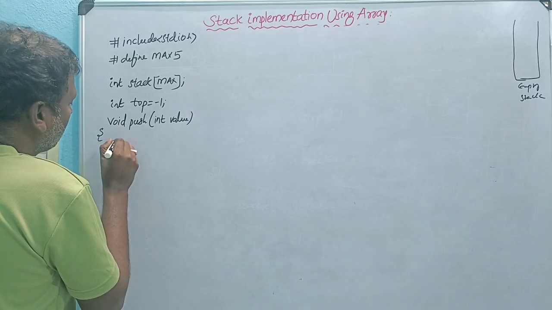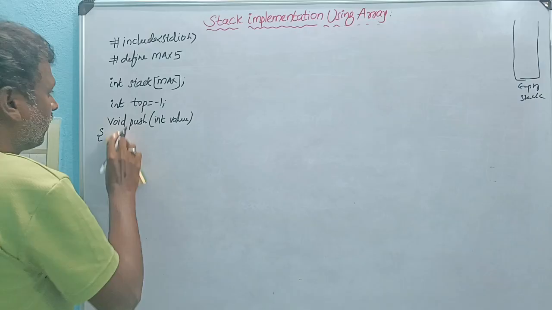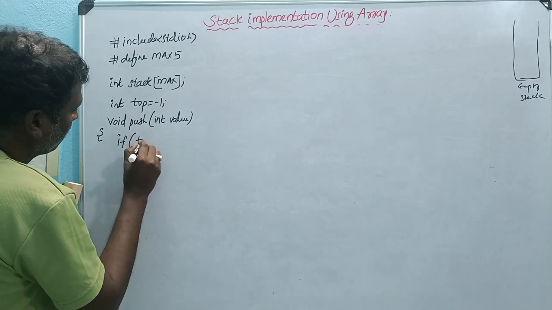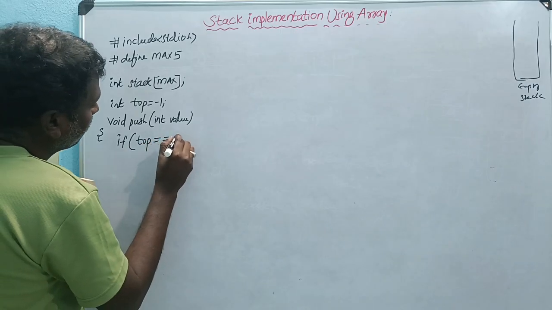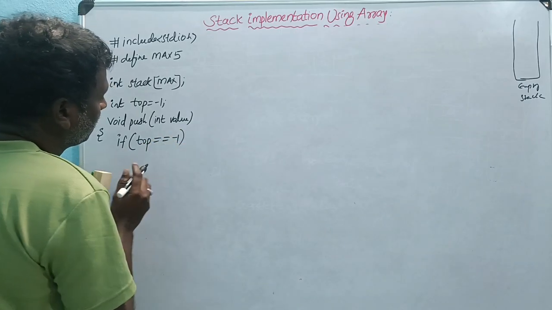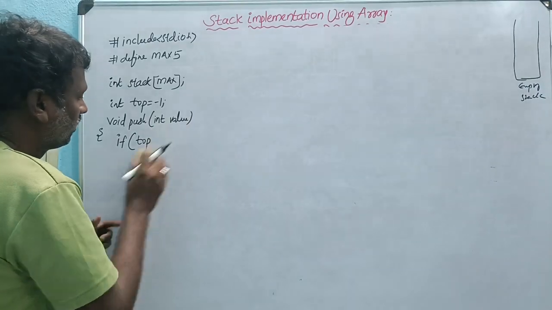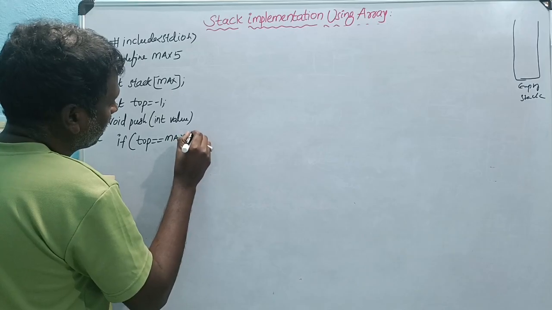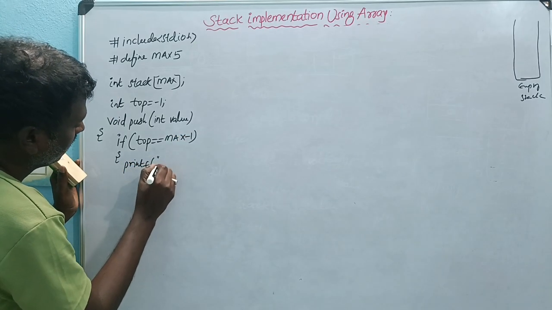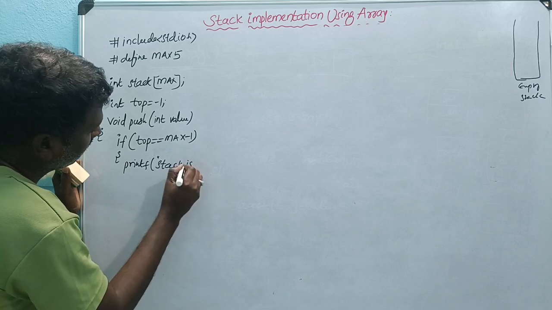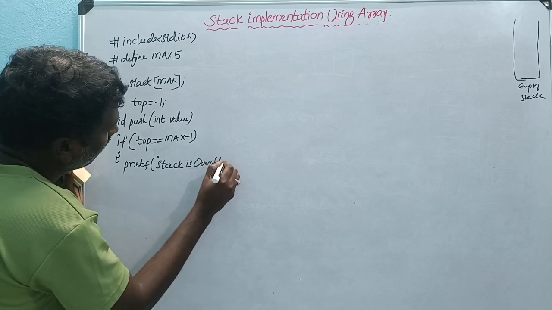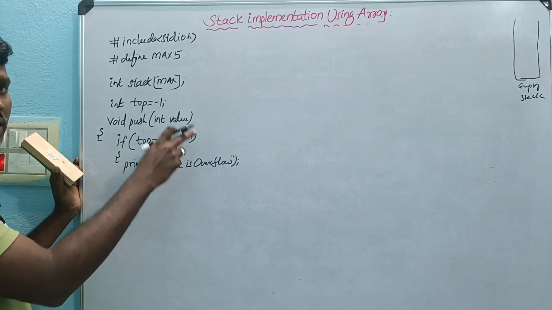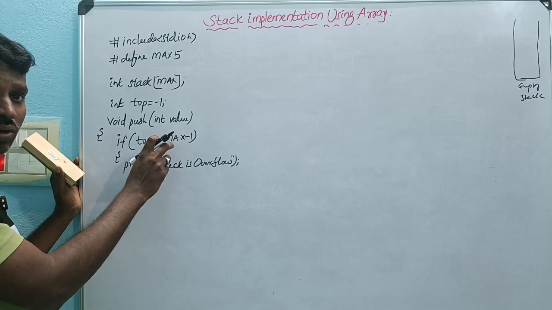Here, if top equal to max minus 1, printf stack is overflow. If top equal to max minus 1, the stack already has the maximum values stored.